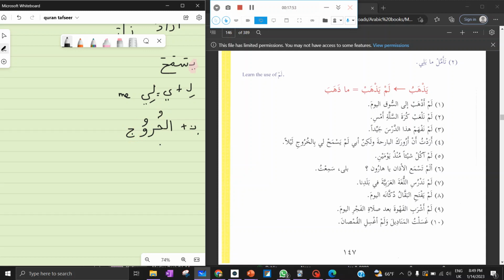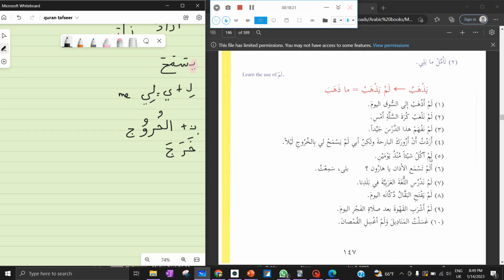Now this khuruj comes from the past tense kharaja. Bil khuruji means for going out laylan. Again the zarf has come to show the time. It is the night time. So he wants to say, I wanted to visit you last night, but my father did not allow me to go out laylan, in the night.